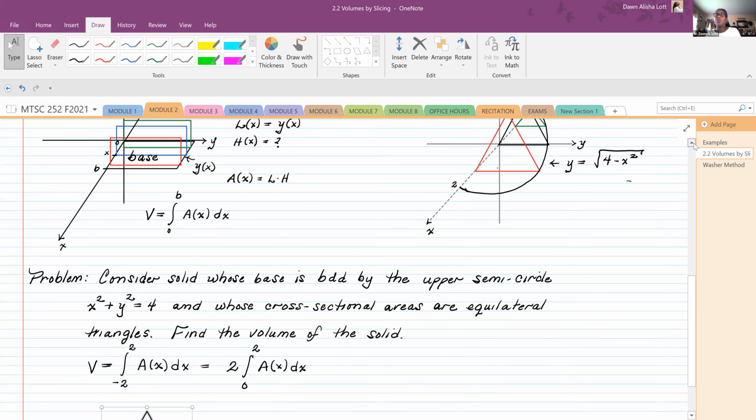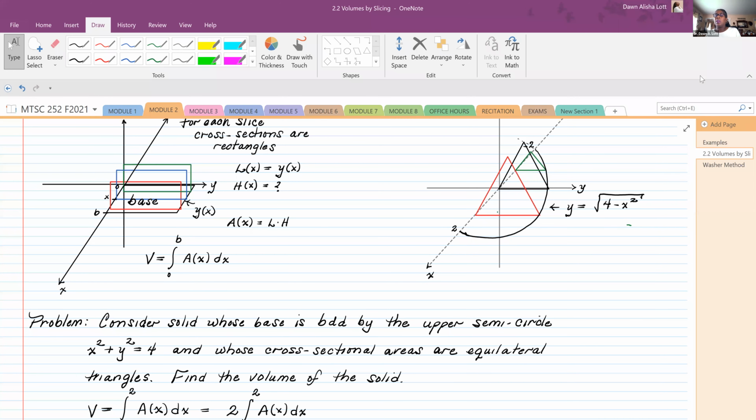As you see the triangle in the picture, for any particular value of x between 0 and 2, this length right here is on the curve. The height is on the curve.